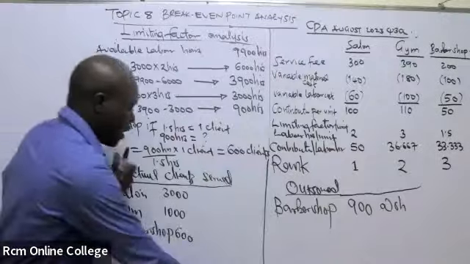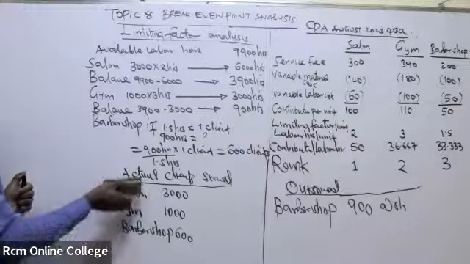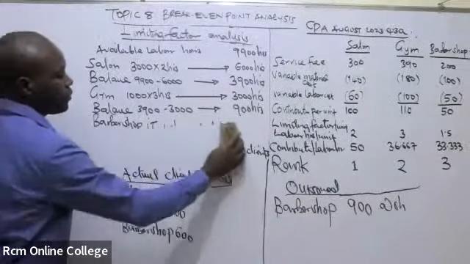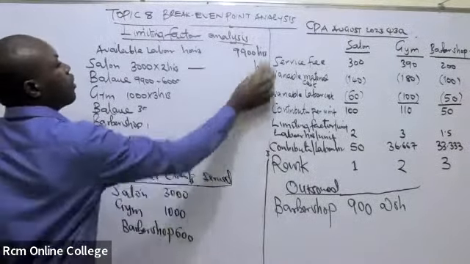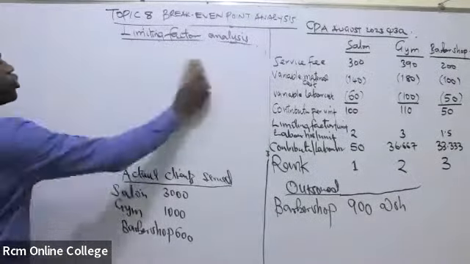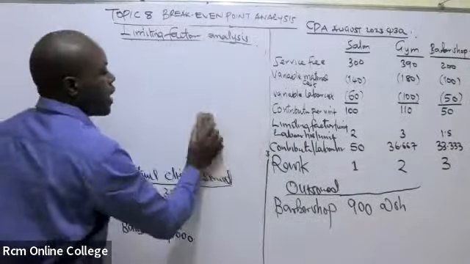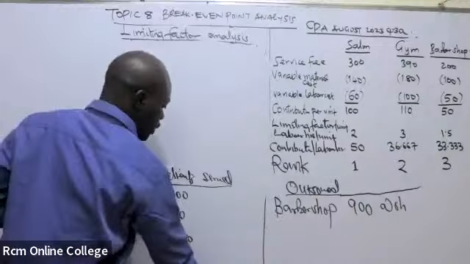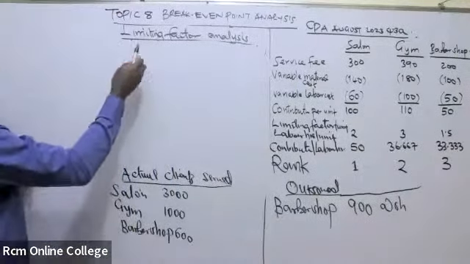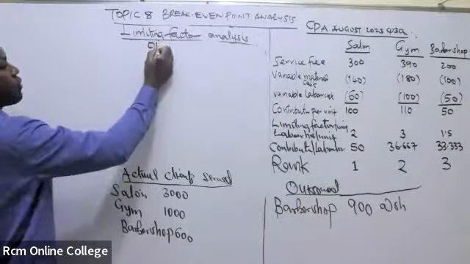So let me go with this part here. You have been told to give us what we call net profit. What is the optimal profit? What is the optimal profit as per the actual production mix?